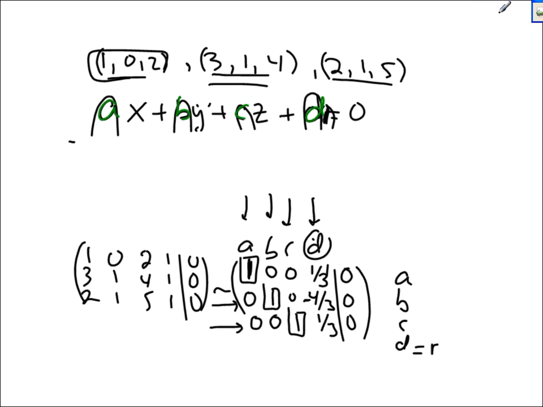Well, 1A plus nothing, that's 0, plus the third D is 0.